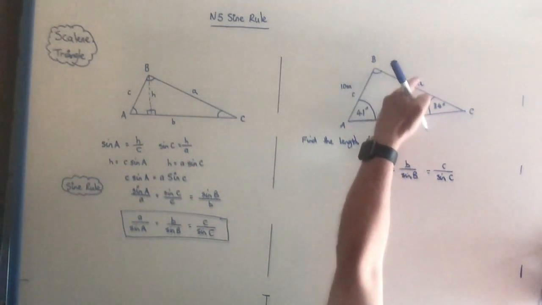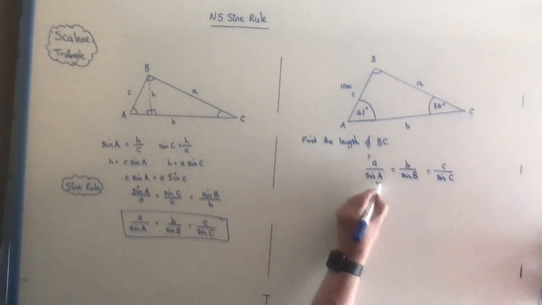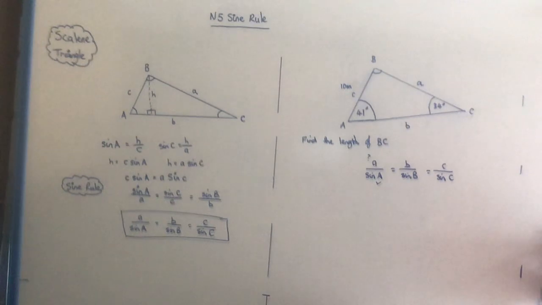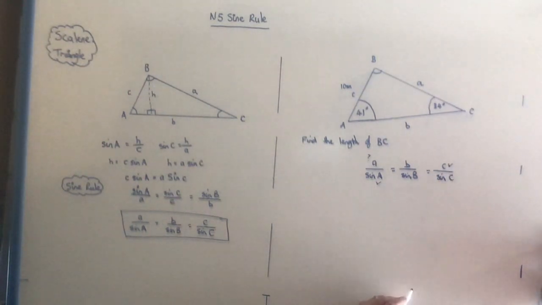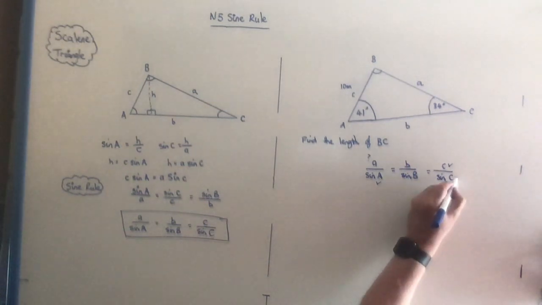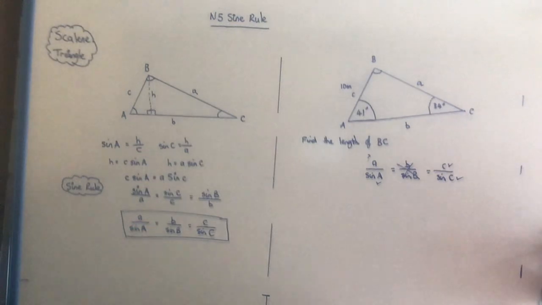So it's this value up here. Do we know sine A? Well, we can work out sine A, so give a tick. What else do we know? Oh, we know C, the length of C, tick that. And we know the angle at C, we tick that. So we can cross out that, we don't need that. Okay, we could calculate these things if it was going to be useful to us, but we don't need it.